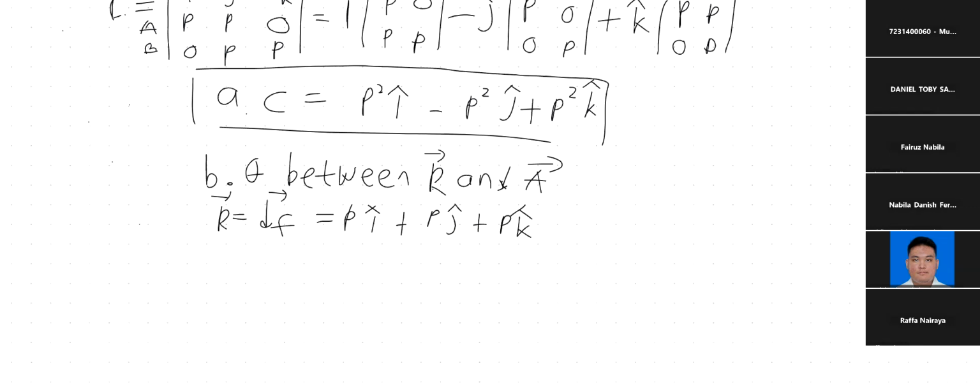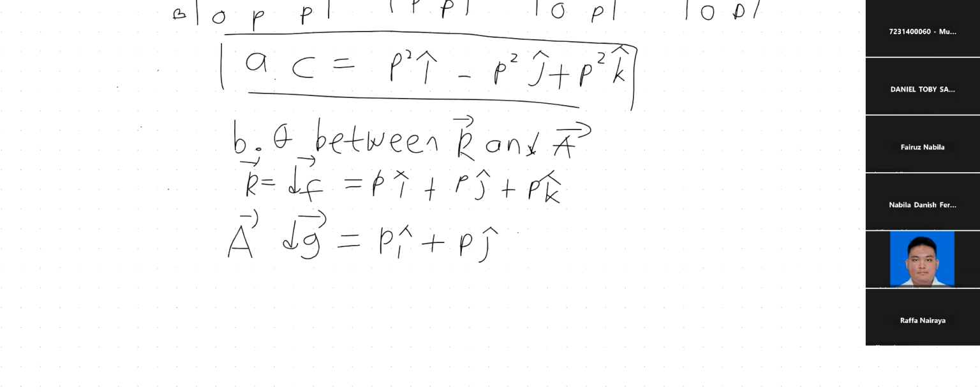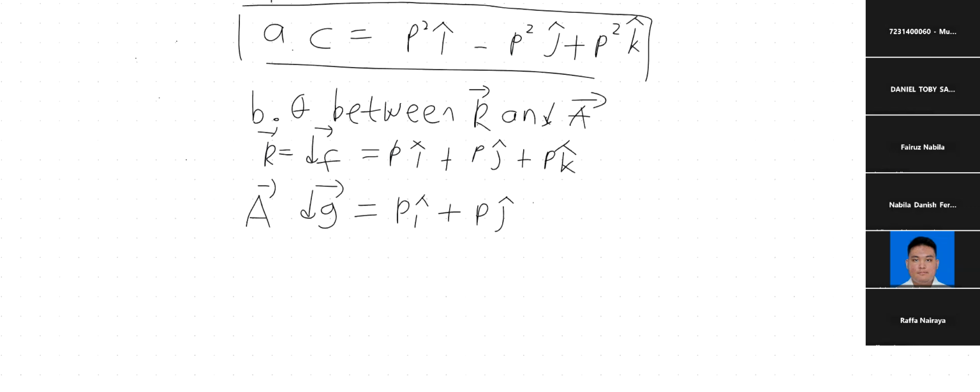And A is F. Now there are two ways to do this. You can take the cross product of R and A, but the easiest way would be taking the dot product of R and A.